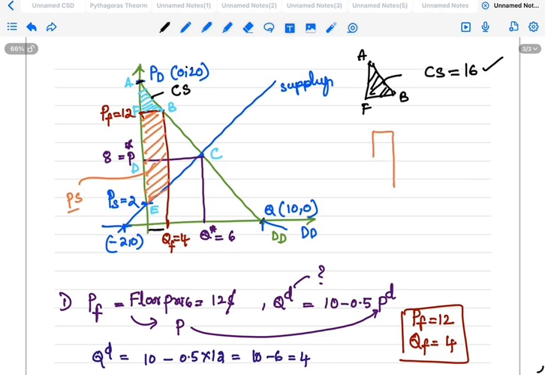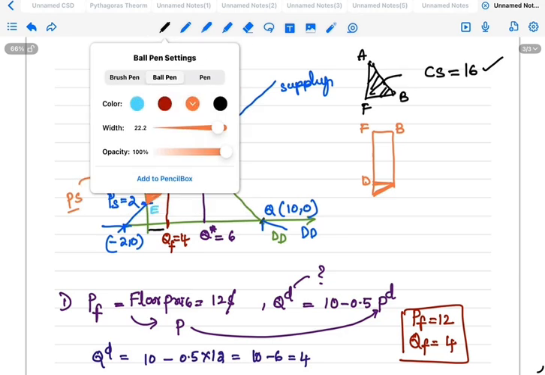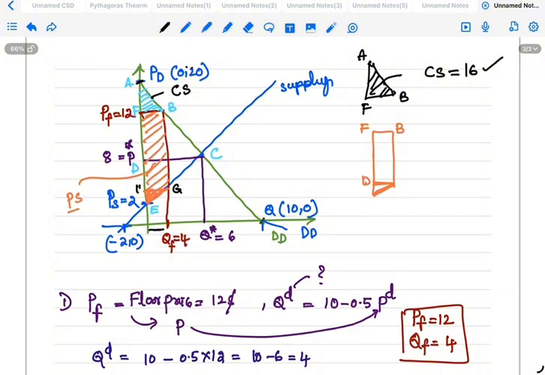It is a triangle plus a rectangle: this is F, B, D, then D, E, G and H, and Z. This point is H. So H, E and Z, this total area is the producer surplus.